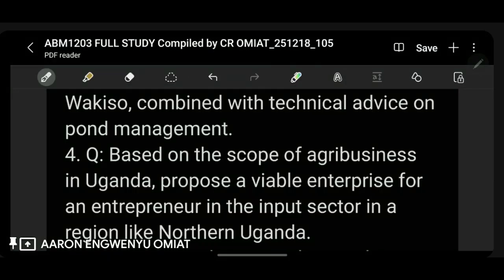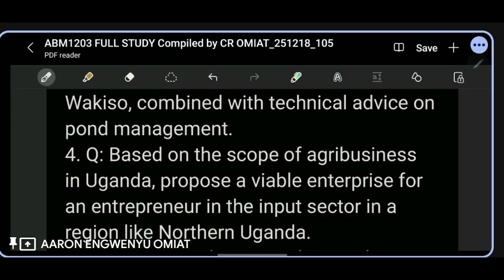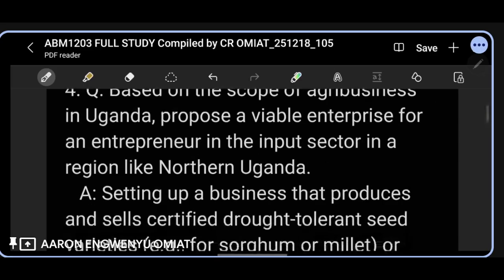For services, I will sell veterinary drugs. Okay. Every region needs seeds. Every farming community needs seeds. Sometimes when you're answering these questions, they can put things like Northern Uganda to distract you. But if you summarize the question to its basics, they want input sector businesses. So that's how you answer it.